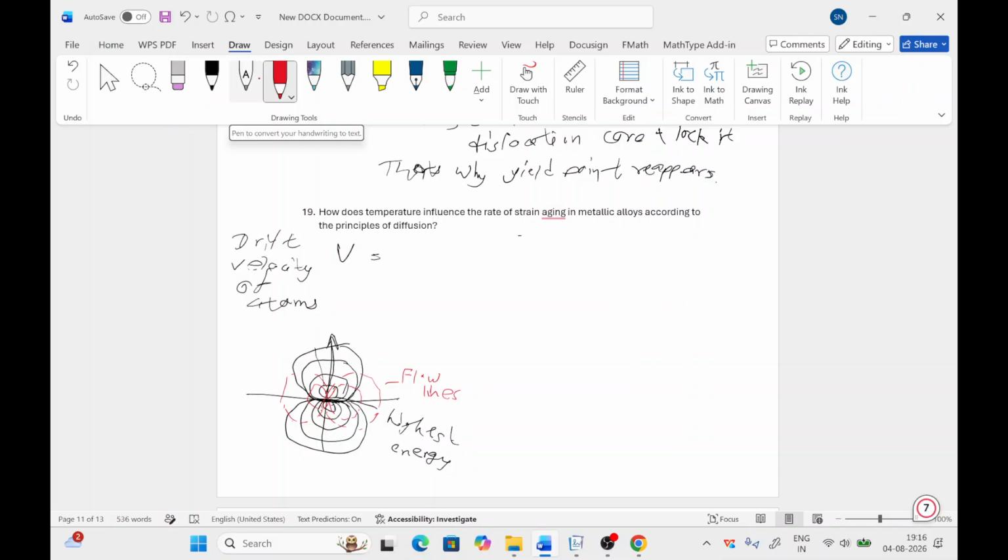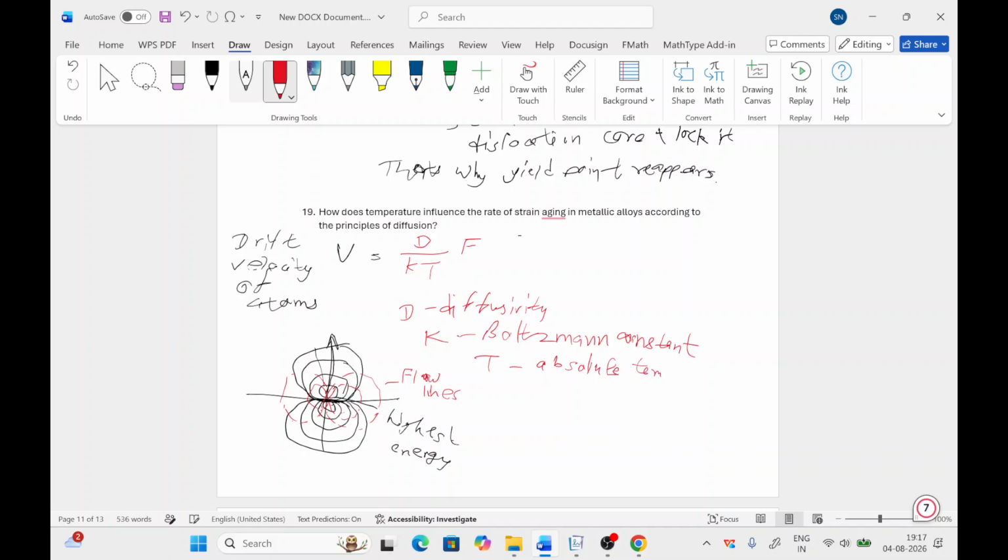Because of this energy gradient, they get some drift velocity, and that depends on D by kT into F. D is the diffusivity, k is the Boltzmann constant, T is the absolute temperature, and F is the force applied by the stress field.